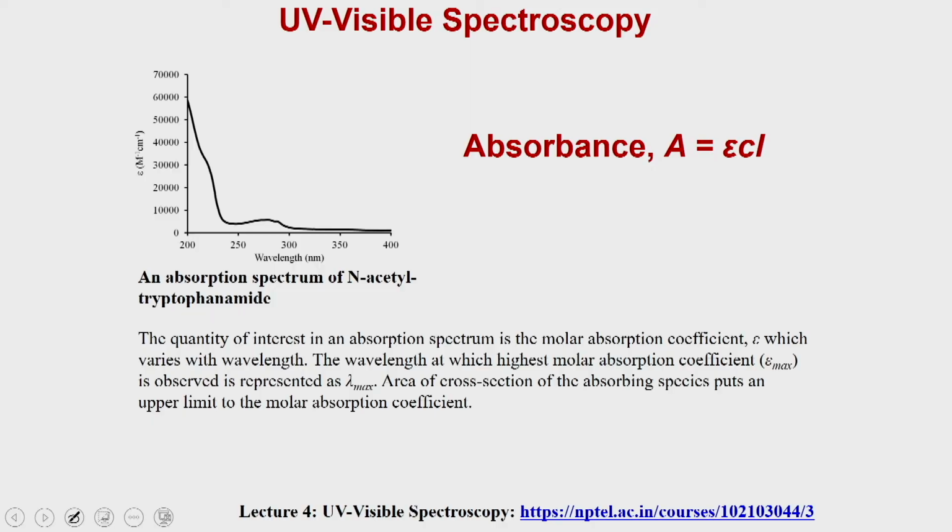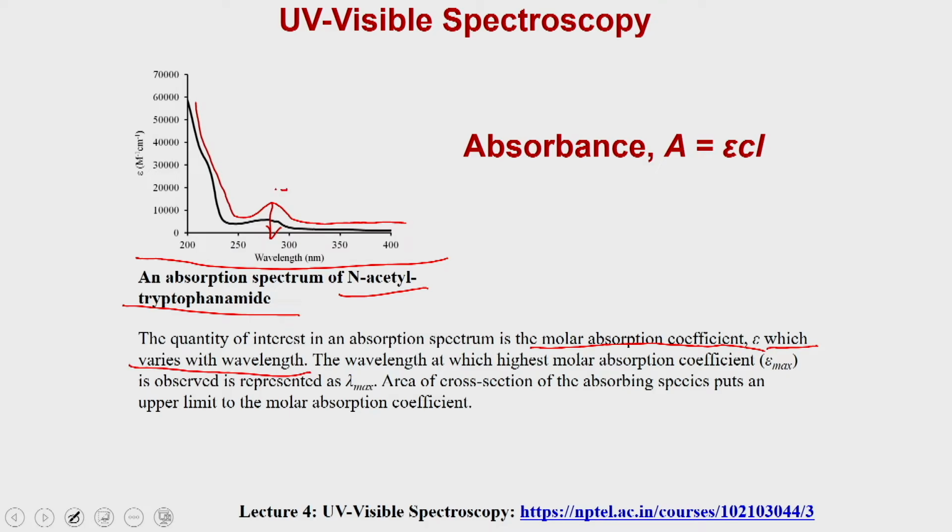Now, this is a typical absorption spectrum. What you see is the absorption spectrum of N-acetyl L-tryptophanamide, and the molecule is going like this, and then it shows a peak at this wavelength. Whatever absorption it gives at this wavelength is called the molar absorption coefficient epsilon, which varies with the wavelength.